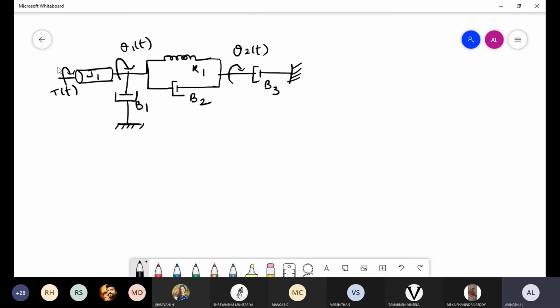If the above is the modified mechanical system, what about the mechanical network for it?